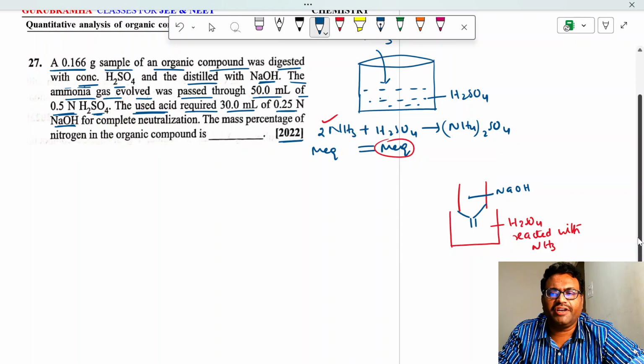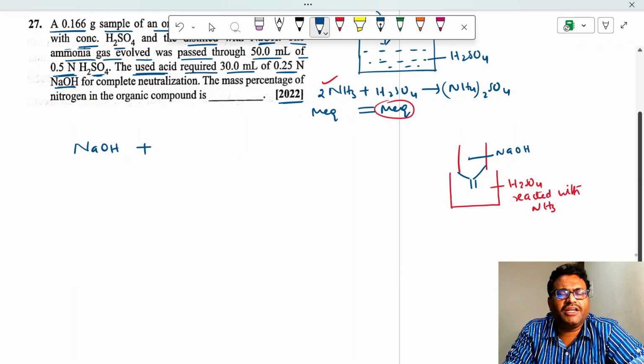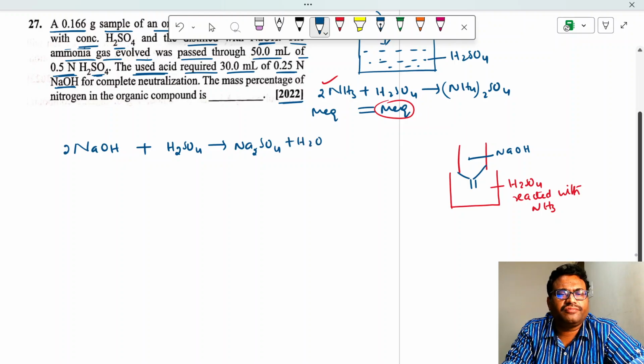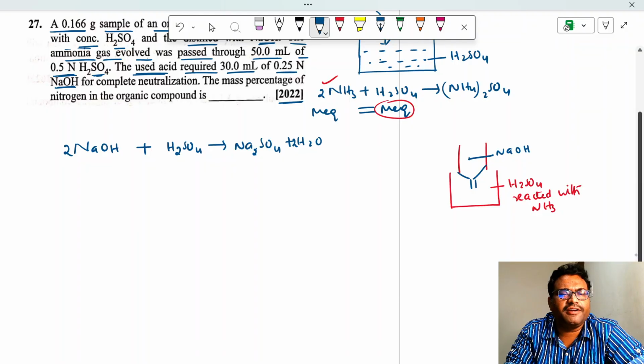When he titrates, NaOH plus H2SO4 gives rise to Na2SO4 plus 2H2O, you can balance it. Doesn't matter.